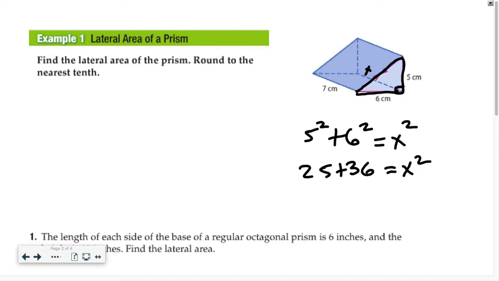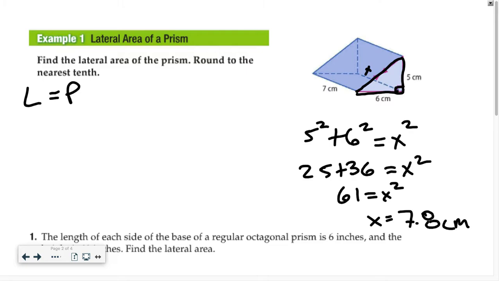So the hypotenuse would be the square root of 61, square root both sides, and we get that x is 7.8 centimeters. Again, if we're finding lateral area, that's perimeter of the base times the height.